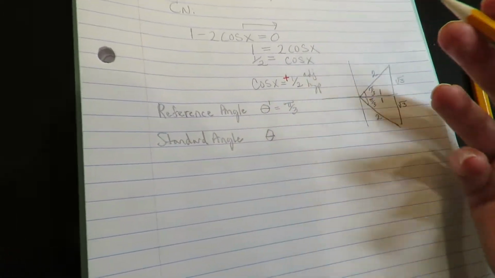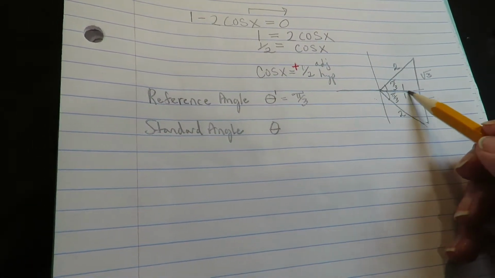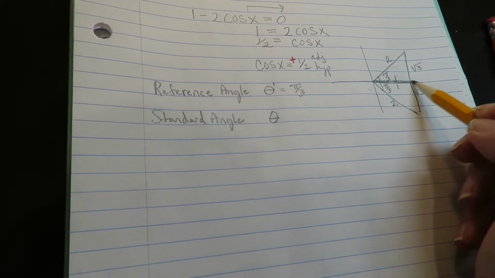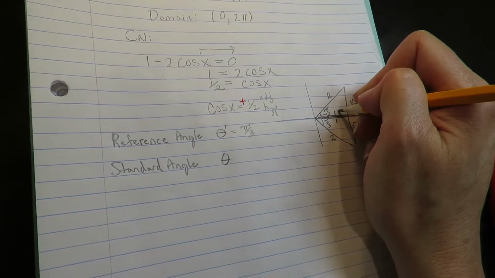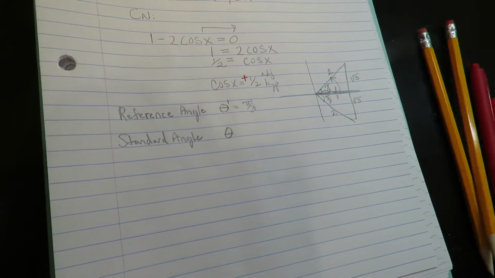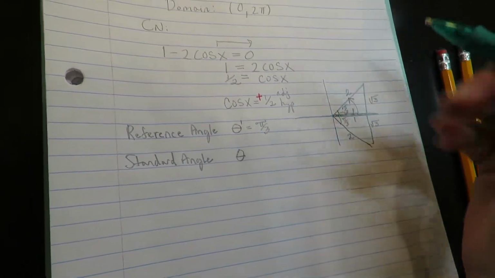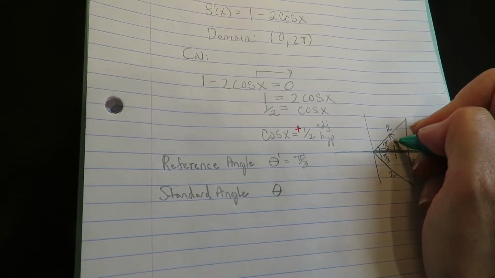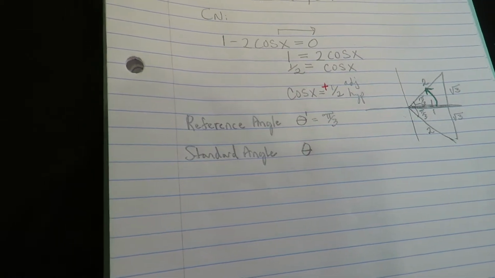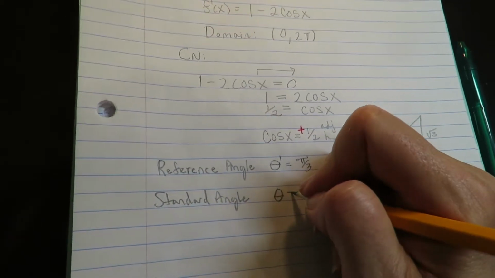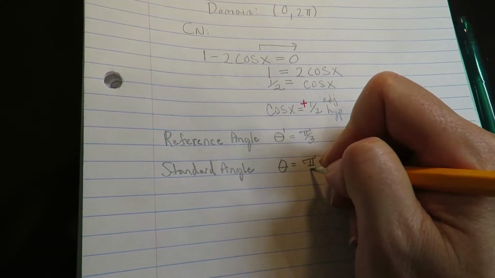The standard angle has to start in standard position, which is the positive side of the x-axis. So in quadrant 1, the reference angle and the standard angle are equivalent, which means that our first angle then is pi over 3.